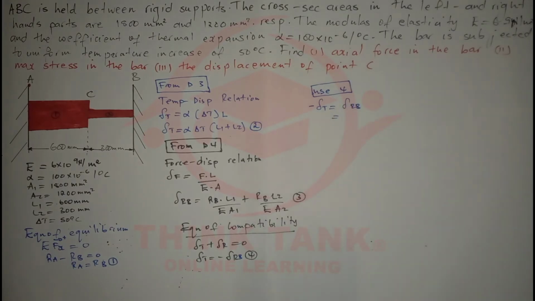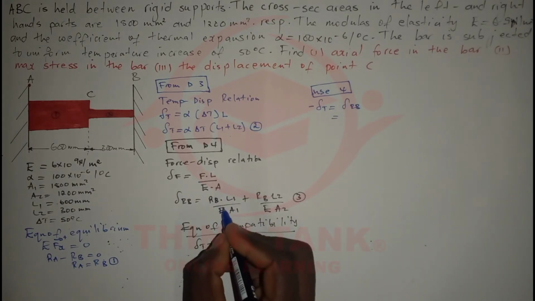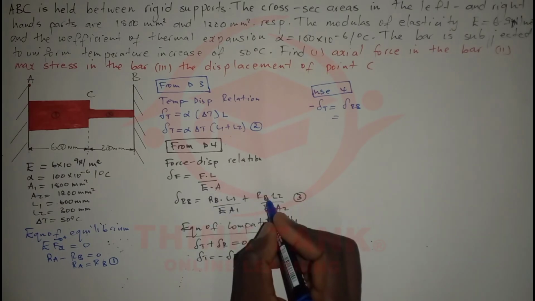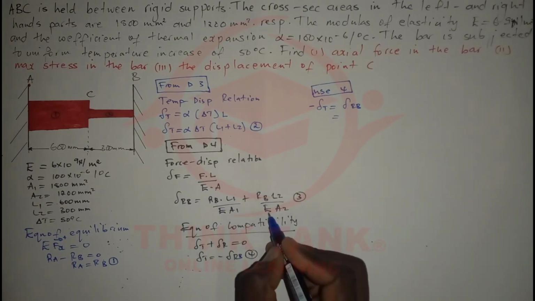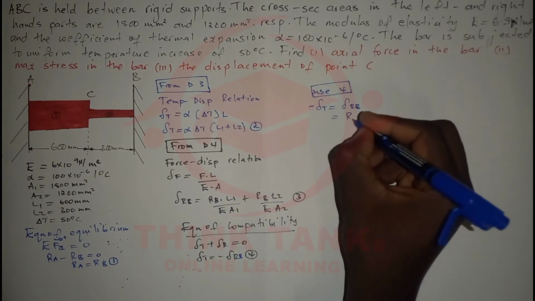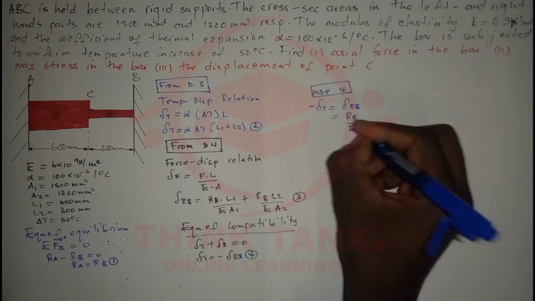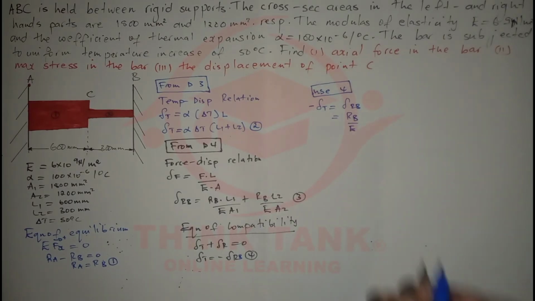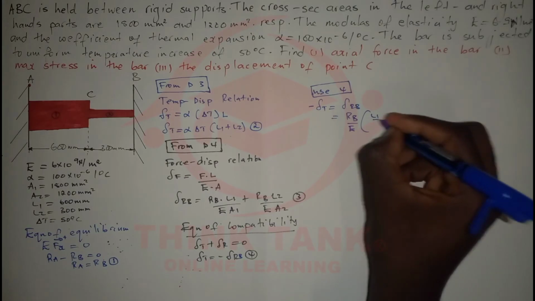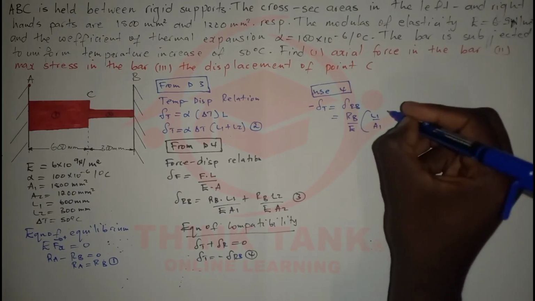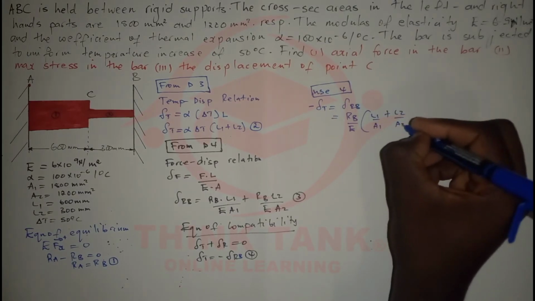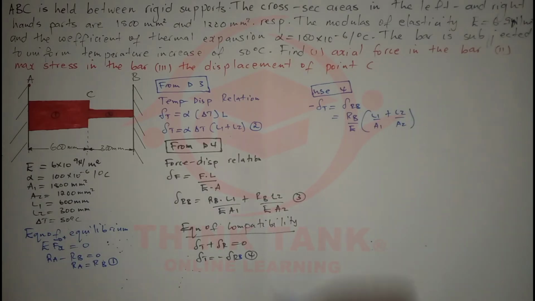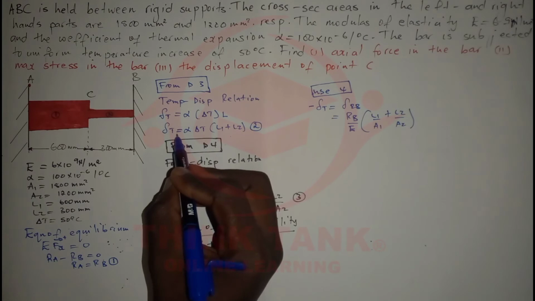So from here, what do I know? The change in length due to RB, I have it here. You can see we have RB here and we have RB here. Also we have E and we have E. You can just factor out RB over E, the modulus of elasticity, and I'm going to have L1 over A1 plus L2 over A2 right here. What about the other side? Negative delta T, we have it right here.